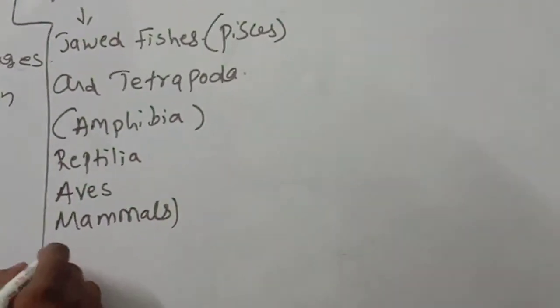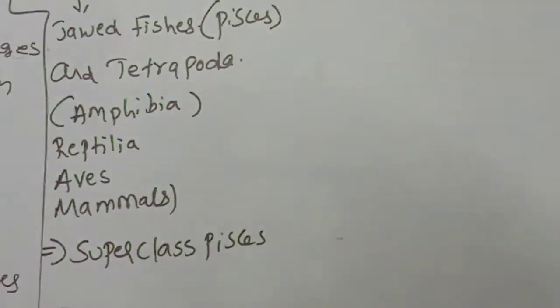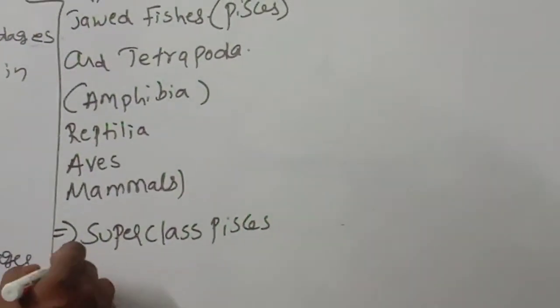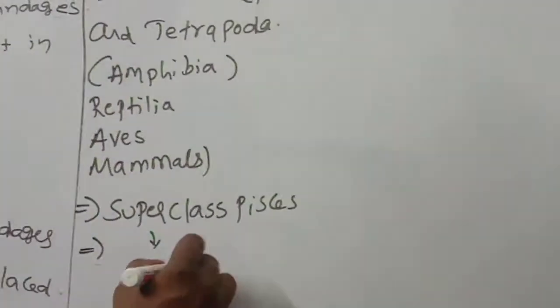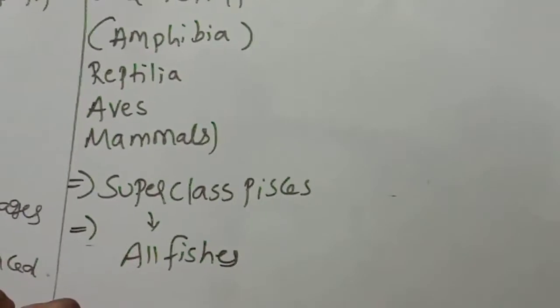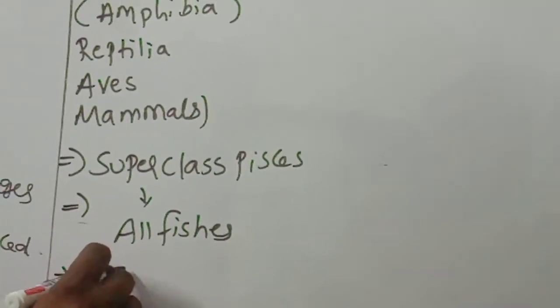So the superclass Pisces includes all fishes, which are essentially aquatic forms.